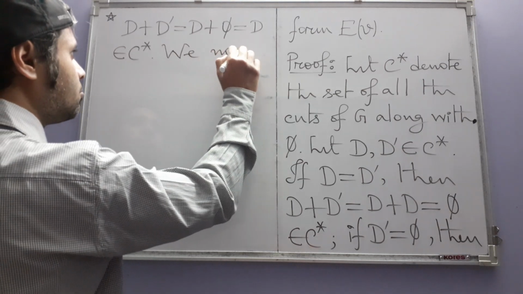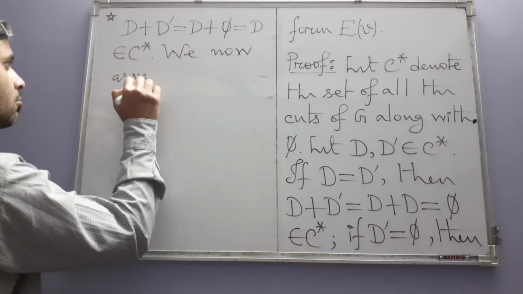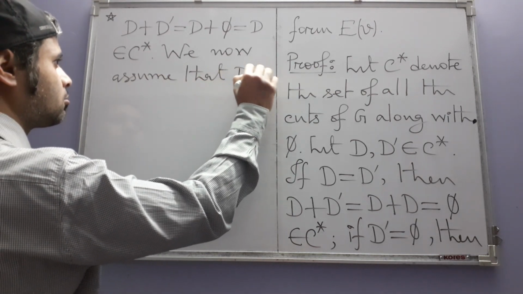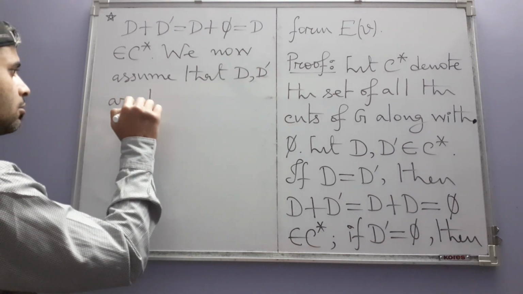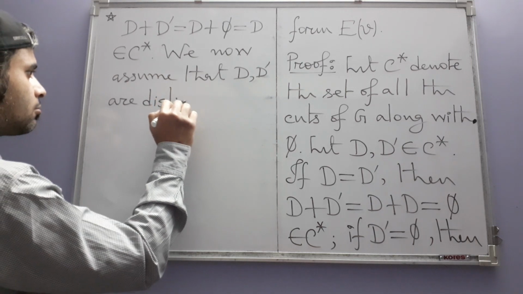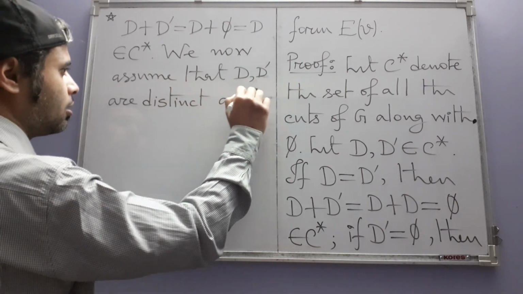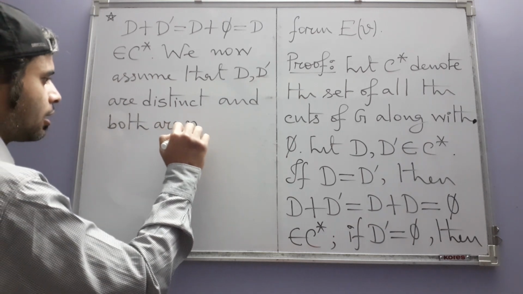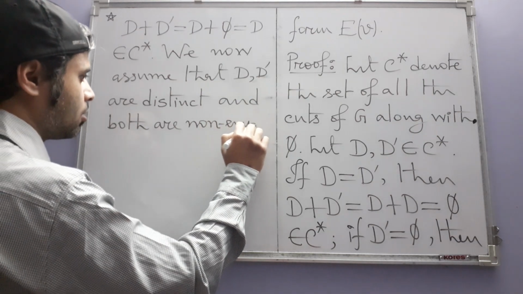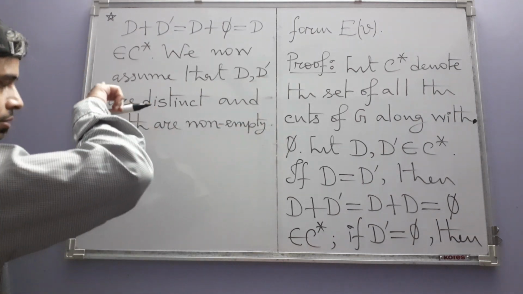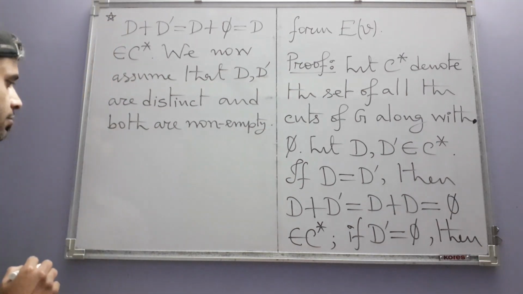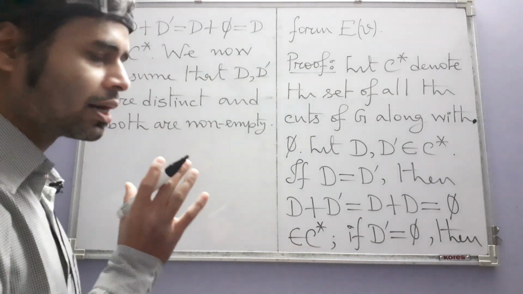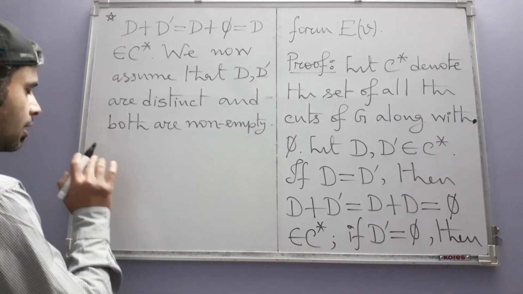We now assume that these are distinct and both are non-empty. Non-empty means they are cuts according to that first definition. So if both of them are cuts, then corresponding to them we will have partitions for the vertex set of the graph.